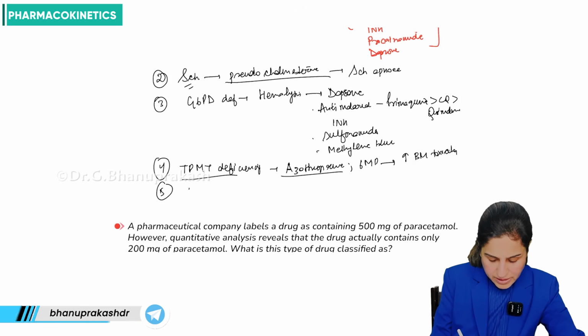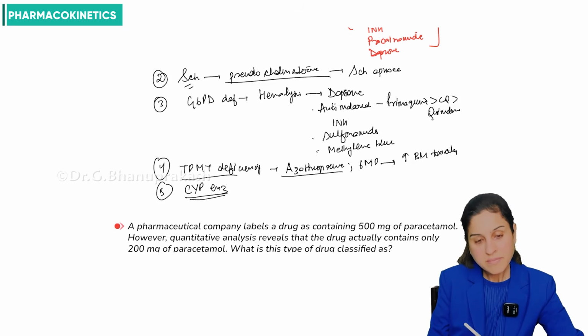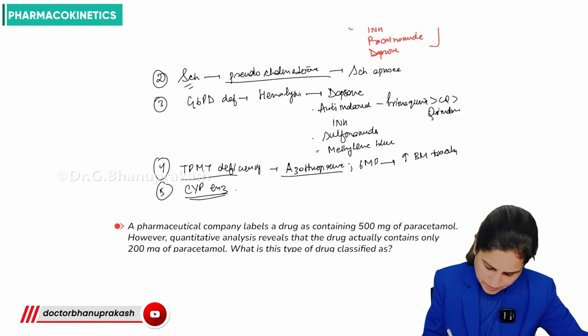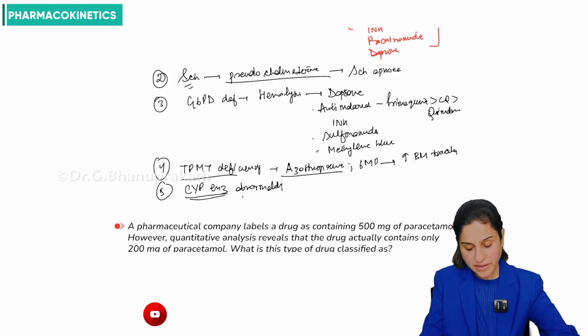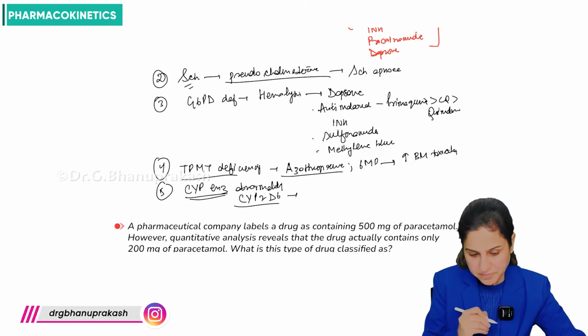We have CYP enzyme deformity or deficiency or abnormality, right? Certain drugs are activated by these CYP enzymes, and they will not be activated. So we have CYP2D6.